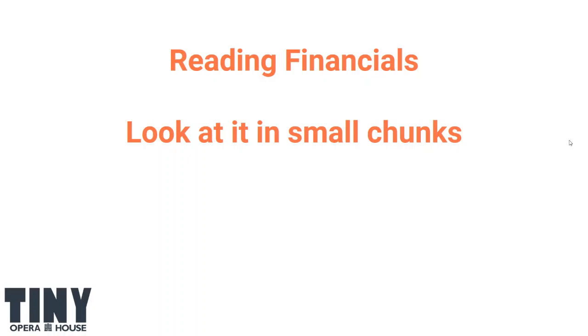But if you focus in on, let's say, the asset section, you'll recognize some of the terms you've seen before: cash, things like furniture, things you're already familiar with. You'll see those better if you break it down into small pieces, look at a small piece at a time, see what it means, and then move on. It's an easy way to keep from being overwhelmed.